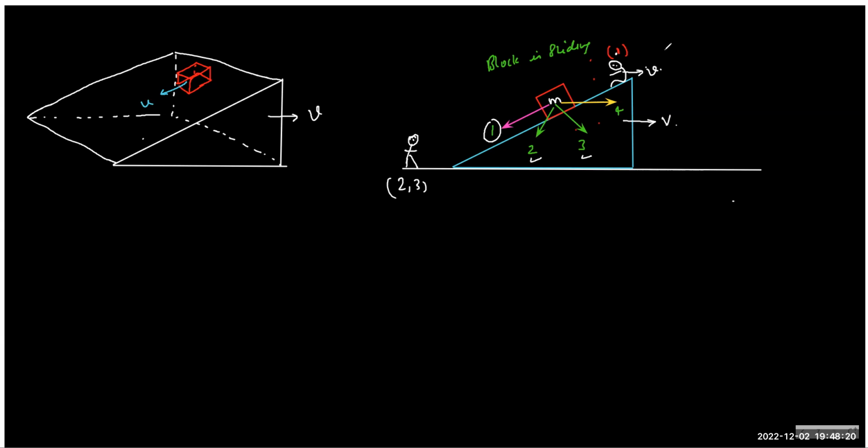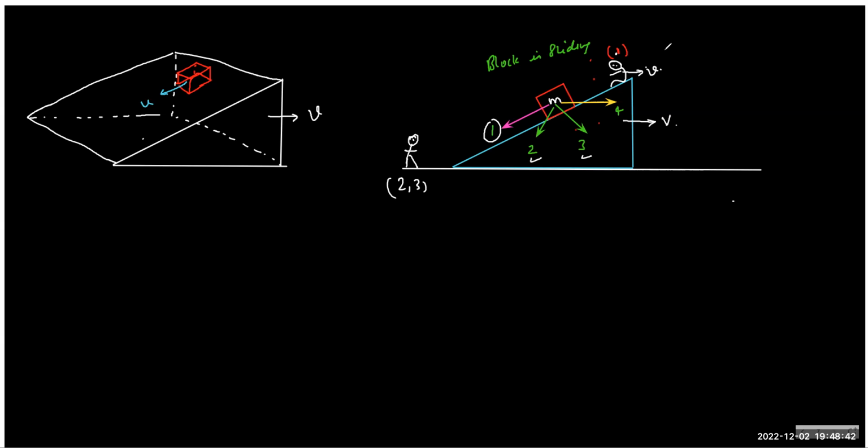It is going to be 4, yes or no? Yes, sir. Because only the wedge will dictate the motion of the block, because it is sticking to the wedge. As the wedge moves, the block will also move, yes or no? So in the absence of sliding, the block will follow path 4.